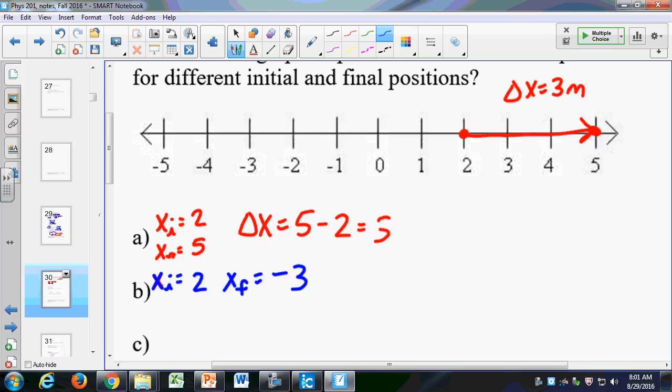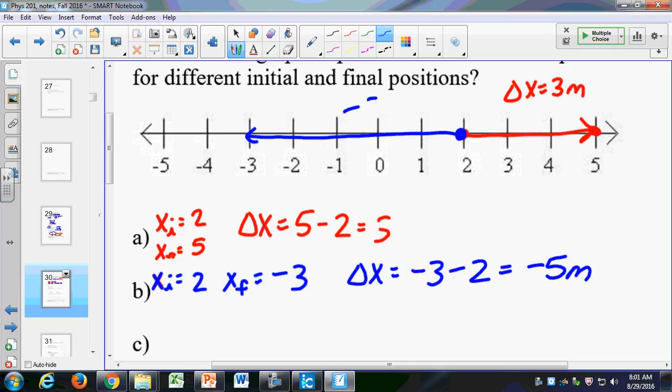It's actually -5, right. So here I can just calculate it. I can say x final, which is -3, minus 2, which is equal to -5 meters. So if I go from 2 all the way over to -3, that's going to be -5 meters. I'll describe what that negative sign is in just a moment.